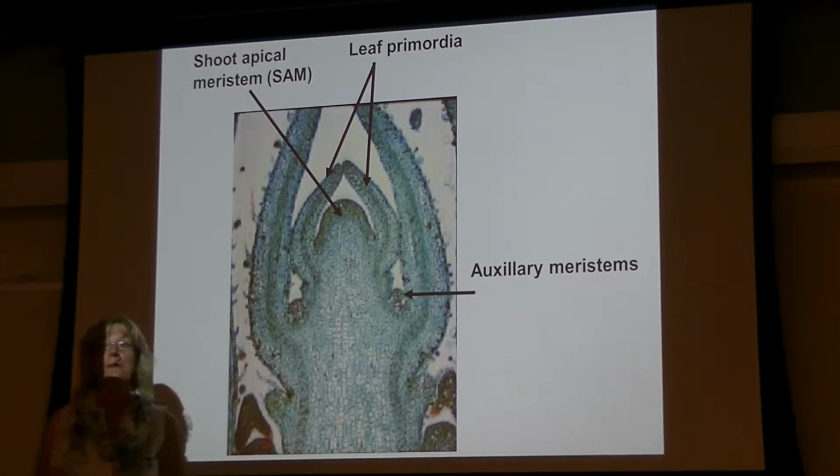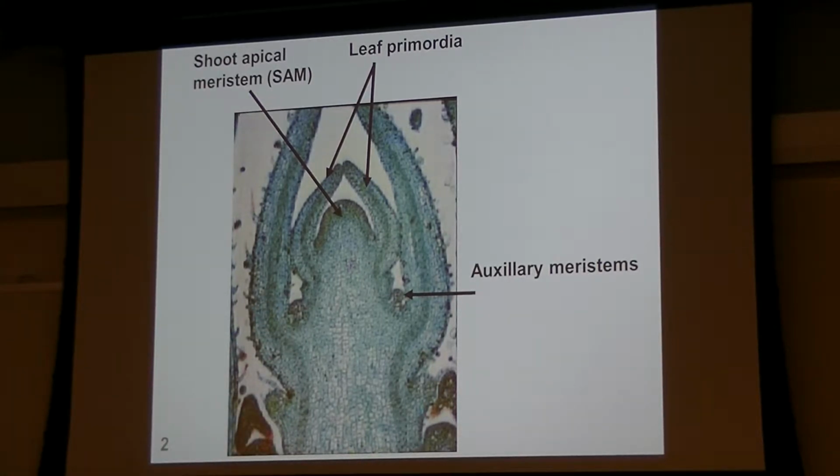Then on the root side of things, there's also a root meristem that likewise gives the primary taproot growing down and then axillary root meristems growing out to the side. So these are the source of the cells that will become future organs within the plant.